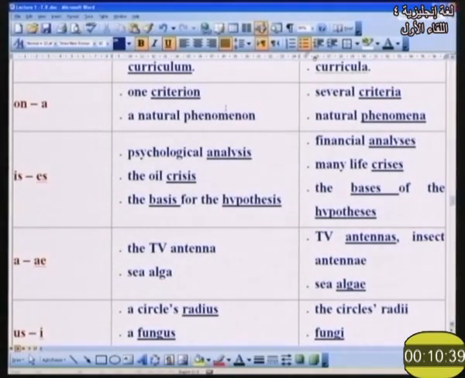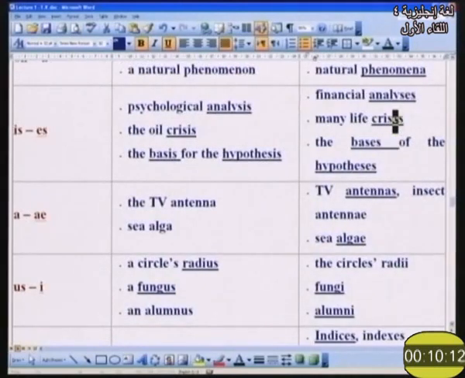Another type is if it ends with is, we don't add es, but we change the I into E. Like psychological analysis, meaning a breakdown, the plural is analyses. The oil crisis, crisis meaning a critical situation, with an IS, the plural is crises.